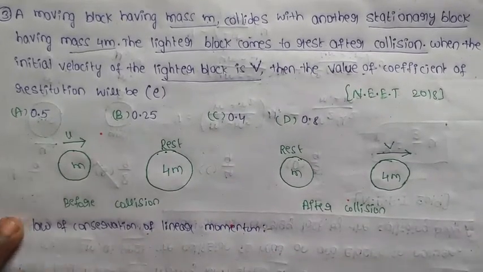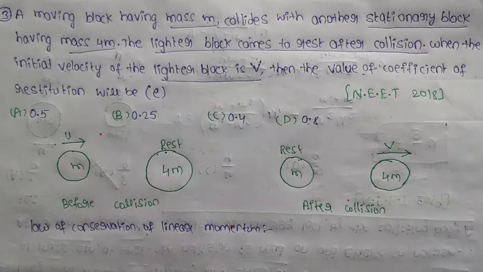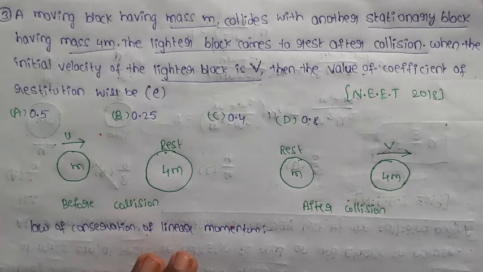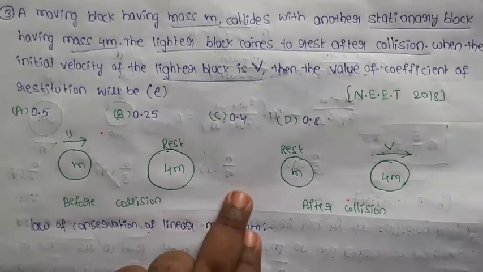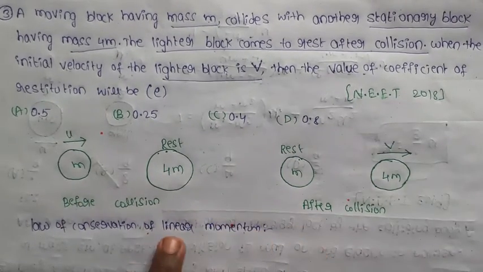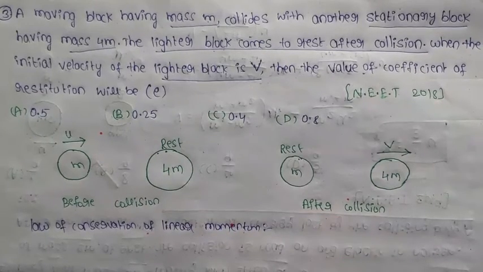According to the law of conservation of linear momentum, the sum of the linear momentum of the bodies before collision is equal to the sum of the linear momentum after the collision.